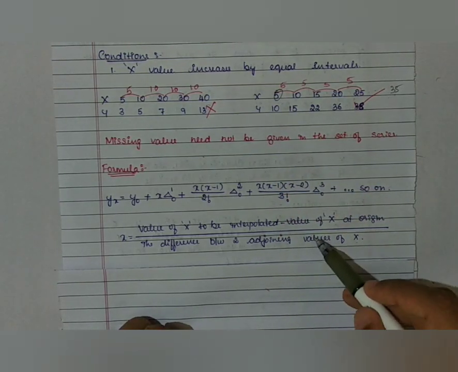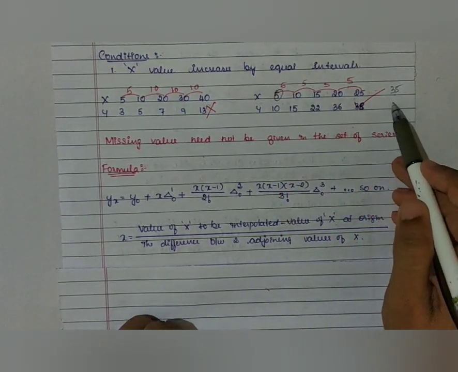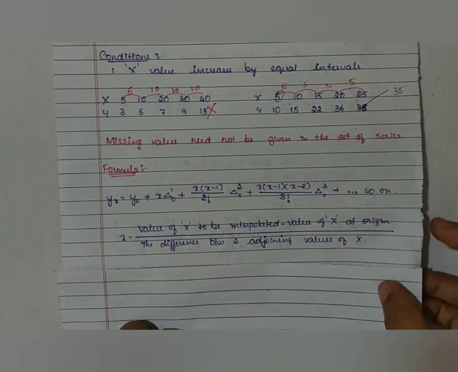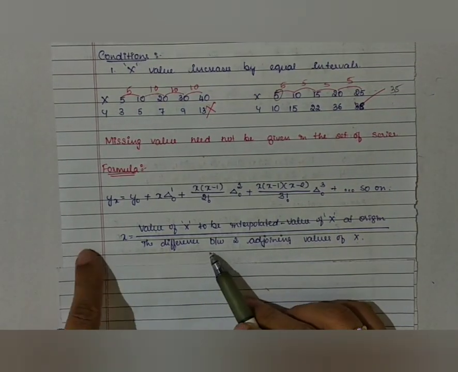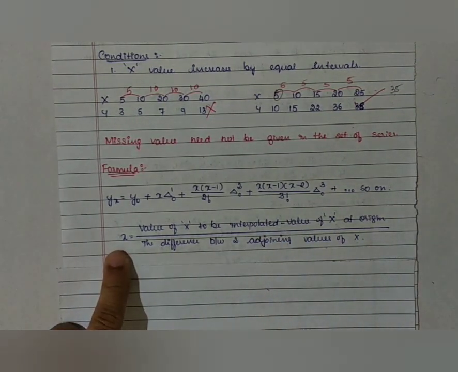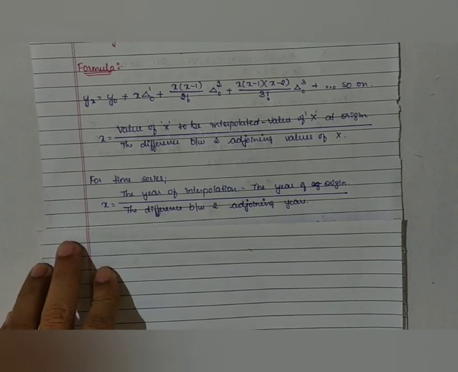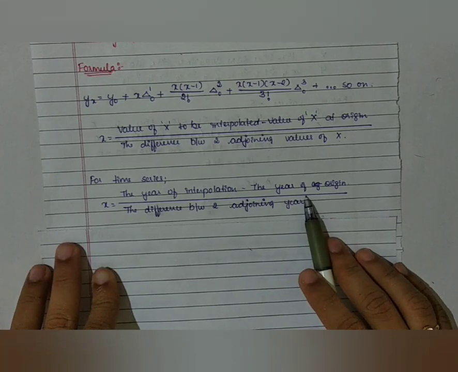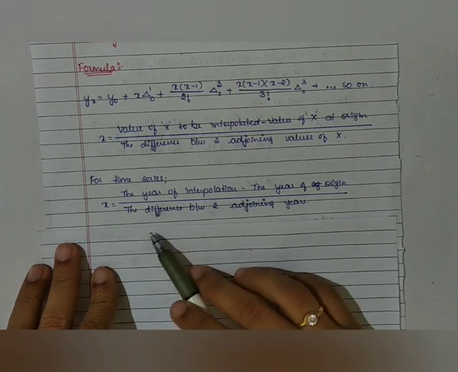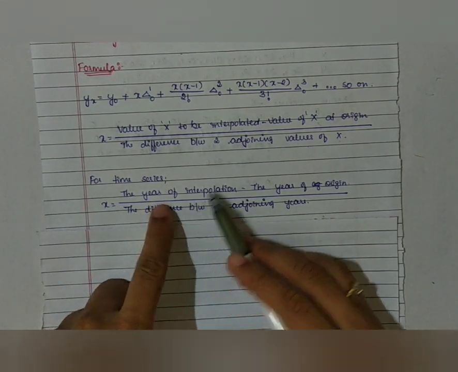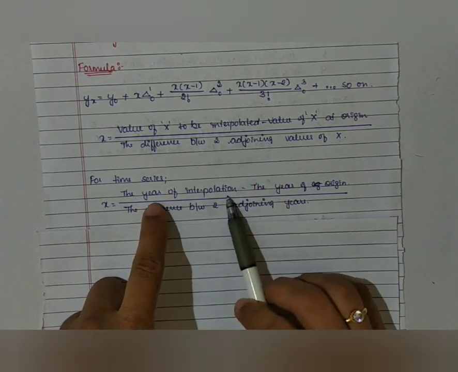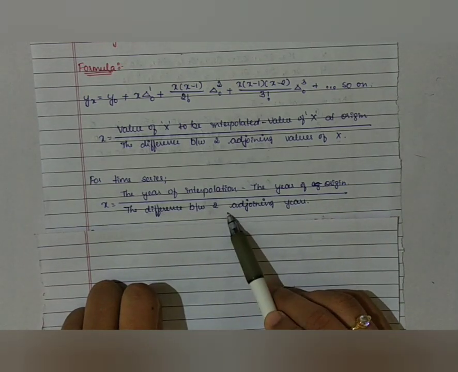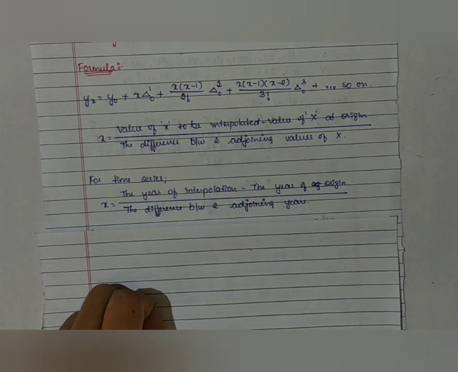So if you apply this formula to this set, it will be 35 minus 5 divided by 5, and when you solve it you will get the value of x, and then apply it to the formula. In the problem, if years are given instead of values of x, do the same thing, just replacing value with year: the year of interpolation minus the year of origin divided by the difference between two adjoining years. That's it.